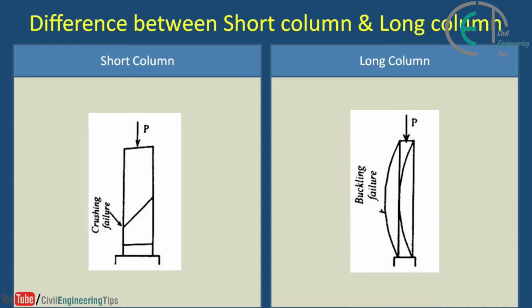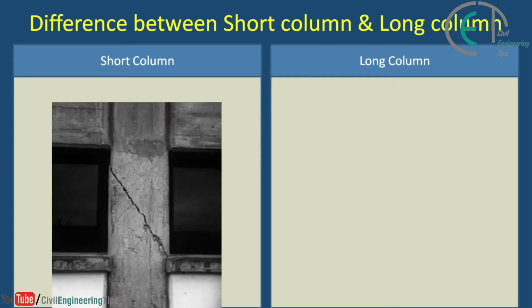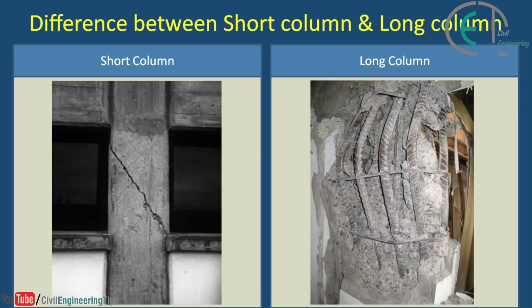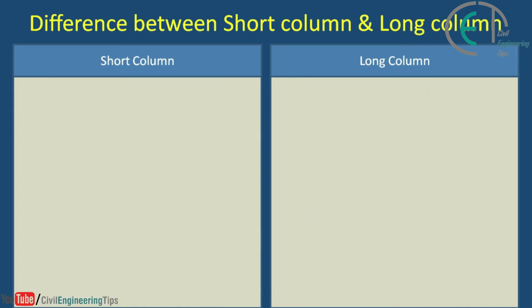In figure you can understand the failure of these short column and long column. These are the real example of failure in columns due to compressive stress and buckling stress.